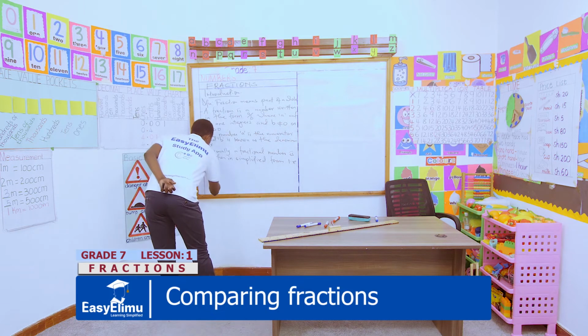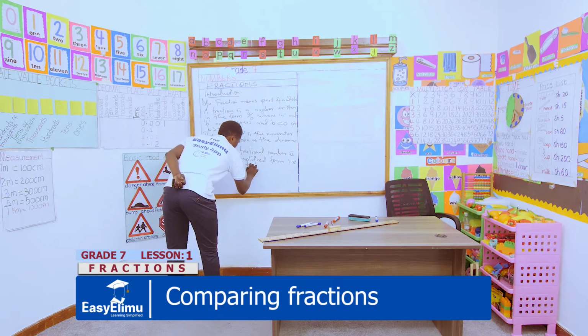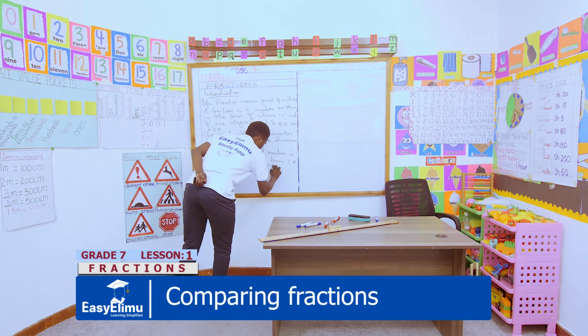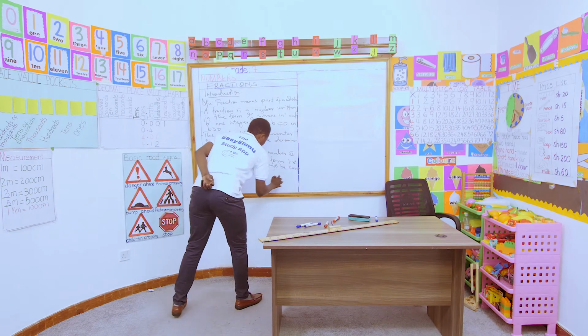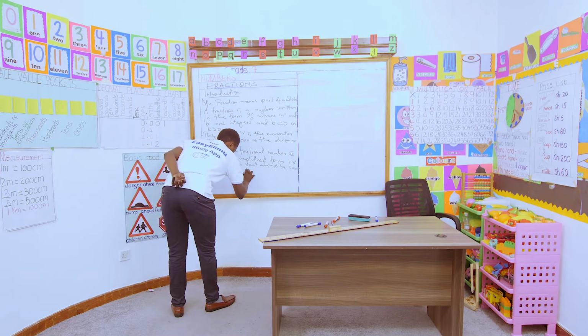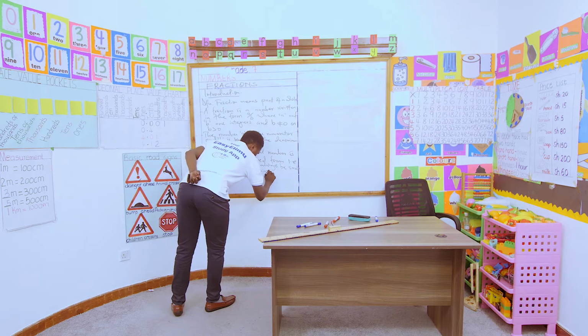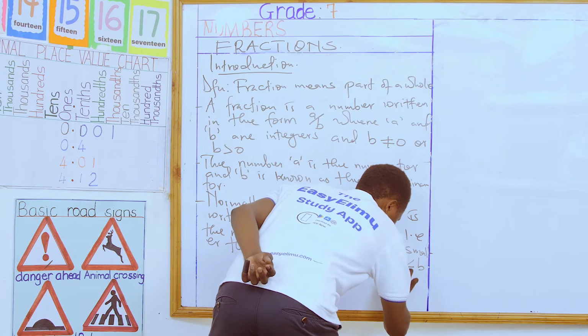I.e., the numerator A must always be smaller than the denominator. A must be smaller than B.